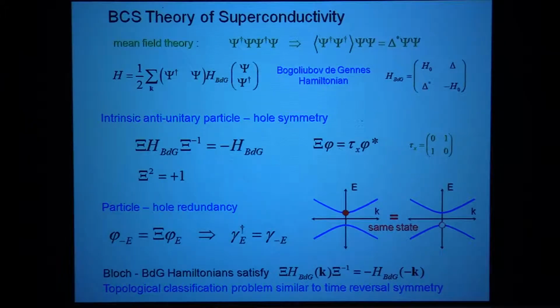Okay, and so here I think we have different backgrounds. For the condensed matter theorists, we learn about semiconductors first, and then we learn about superconductors, and then we learn about Majorana fermions.